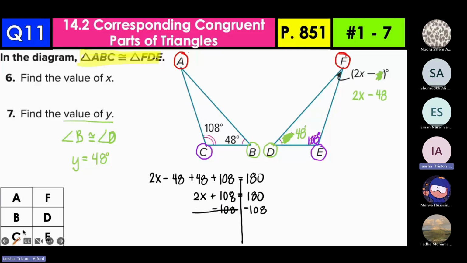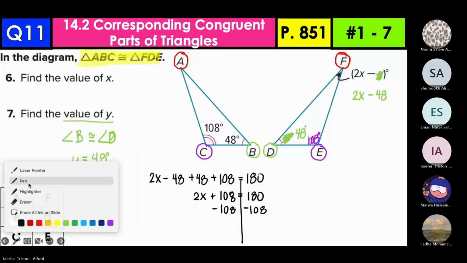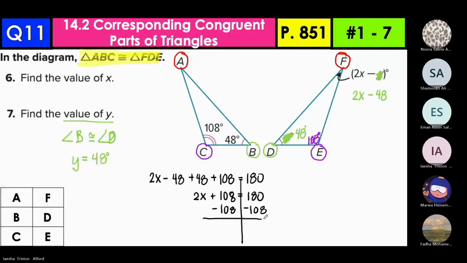So this is 0. 2x is equal to 72. Divide by 2, divide by 2.